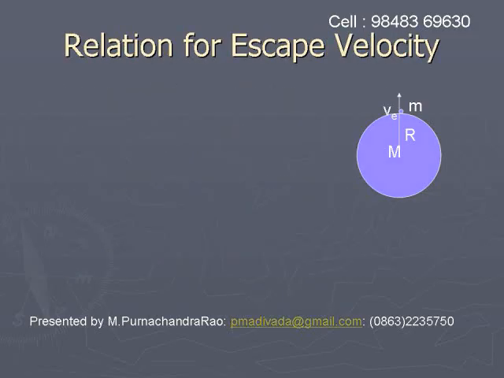Relation for escape velocity. If we consider a body of mass small m near the surface of the earth, and by giving a minimum velocity VE, it just escapes the gravitational field, then its kinetic energy is half m v square. This is the kinetic energy required for a body to leave the gravitational field.